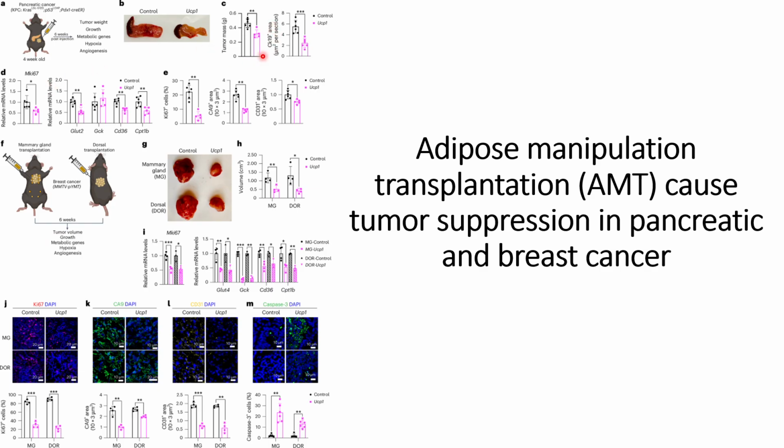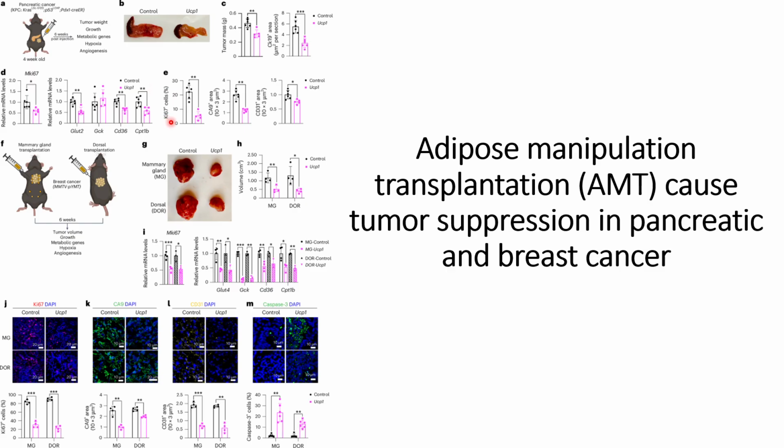CK19 is one of the cancerous markers. When they checked the proliferation markers, that is MI67, GLUT2, CD36, and CPT1B, they are also down-regulated in tumors co-transplanted with adipose in which UCP1 is upregulated. But for GCK, they do not see any significant changes, which is quite surprising.